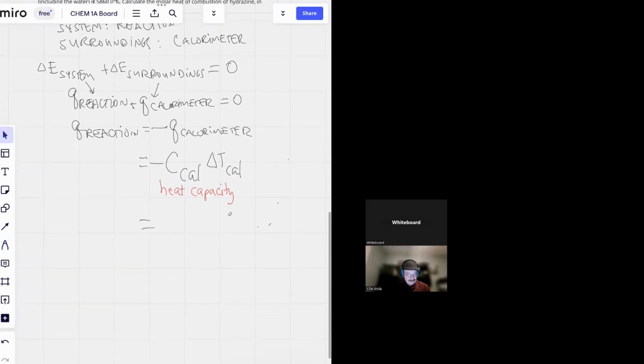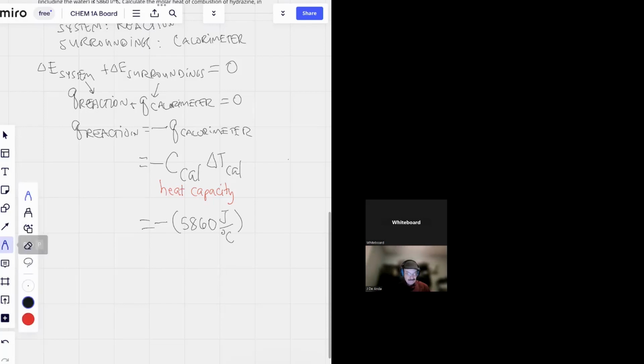Sorry, let me erase these glitches from here. Here we go again. So this will be minus 5,860 joules per degree Celsius. In other words, that is the amount of energy required for the calorimeter to change its temperature by 1 degree Celsius.